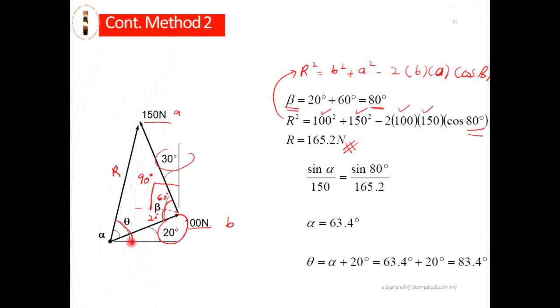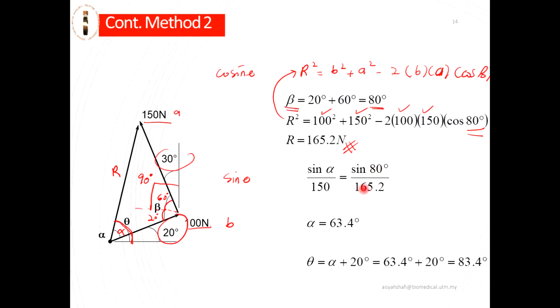This is only the resultant force, and then you need to measure the alpha here from this data. This is alpha, because this is beta, alpha, and another one is theta. So based on the cosine rule and the sine rule, you use sine alpha over 150 equals sine 80 over 165.2.